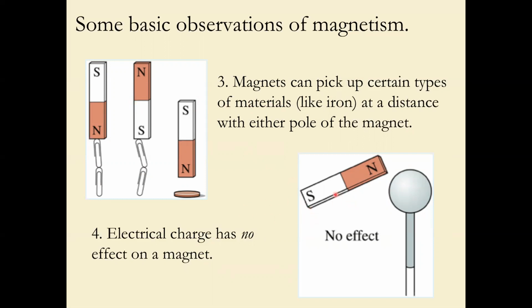And here you see a magnet and you see a charged rod. You can think about an electroscope. An electric charge does not have any effect on a magnet. So none of those will attract each other.